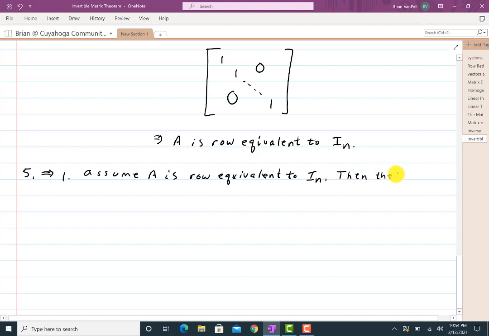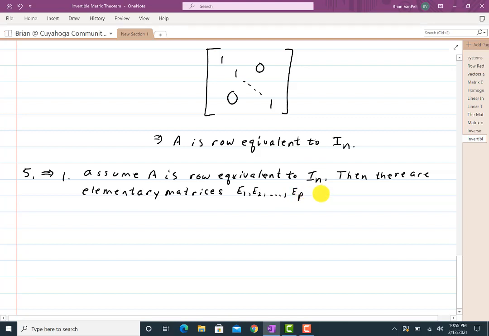Then there are elementary matrices. Let's call them E1, E2, up to EP.